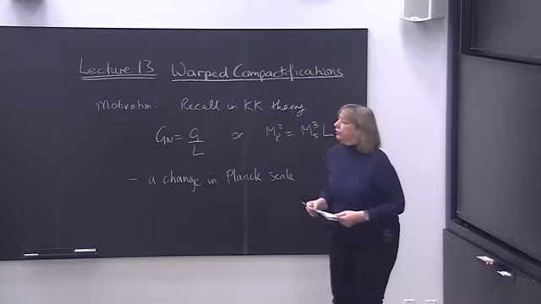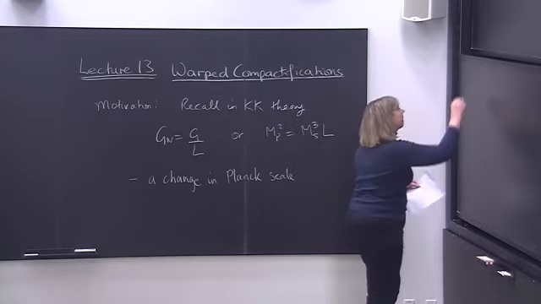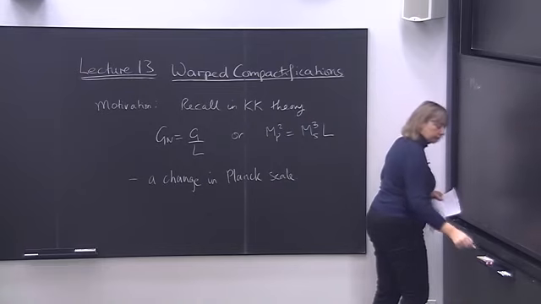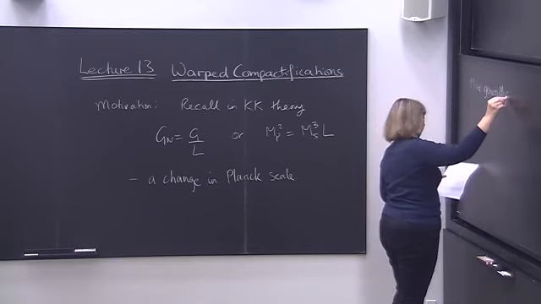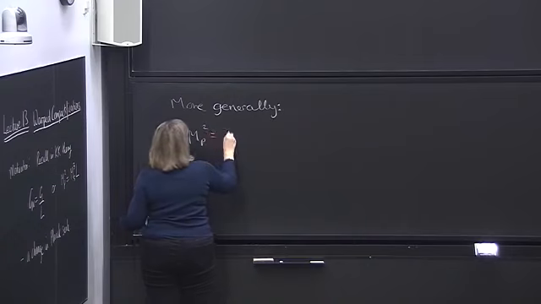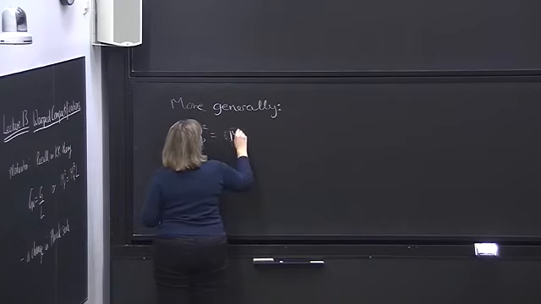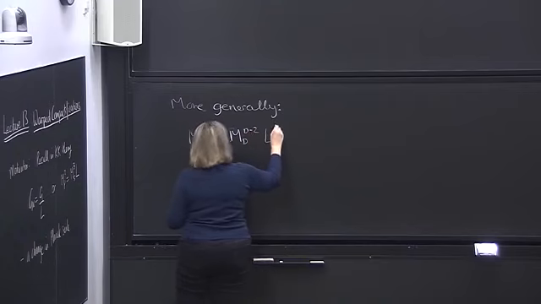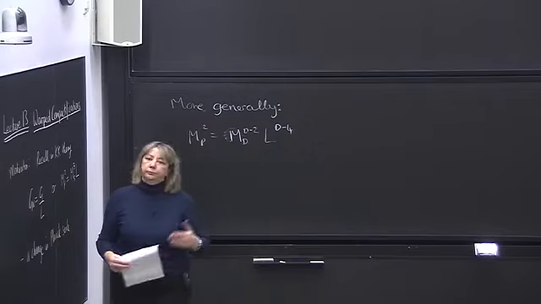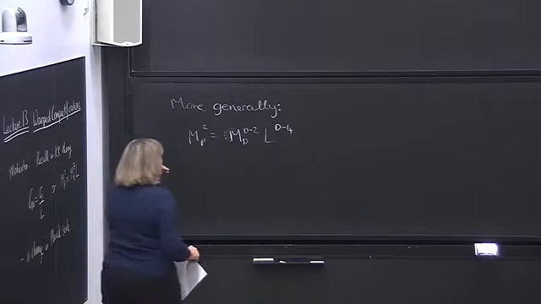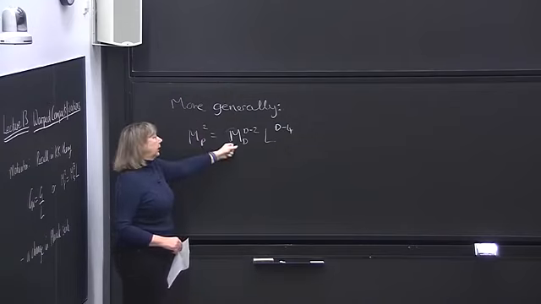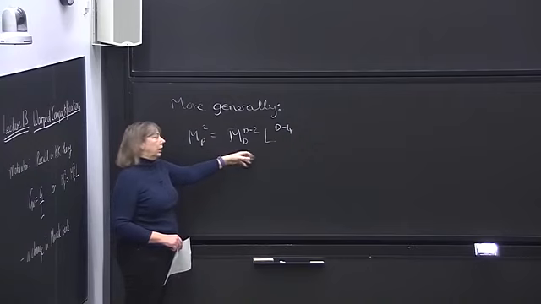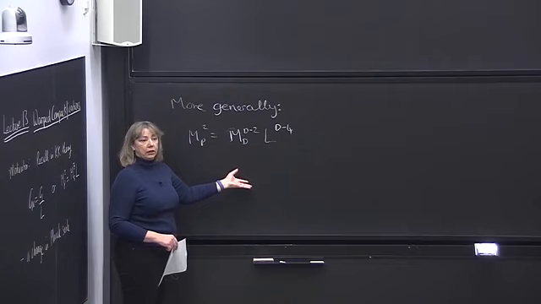So if I were to imagine just a rather generic picture, if I have general d space-time dimensions, then I would get my four-dimensional Planck mass by taking the higher dimensional Planck mass and multiplying by a volume factor of the extra dimensions.